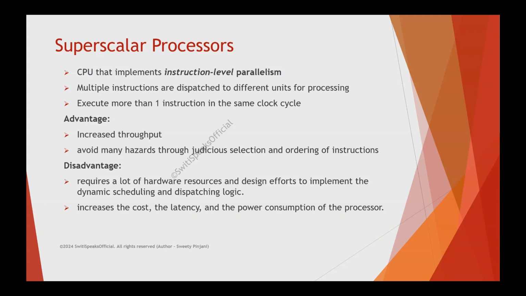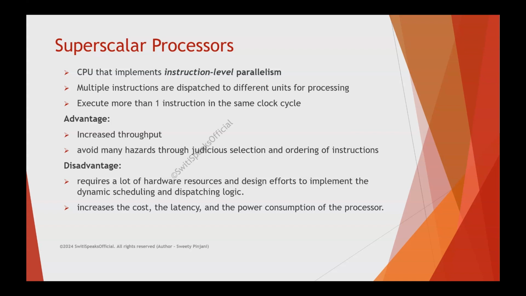So in one clock cycle, one integer and one floating point instruction can complete, so two instructions will complete in one clock cycle. What is the advantage? It will have more throughput. We can avoid hazards because we reorder the instructions properly. What is the disadvantage? It requires a lot of complexity and more hardware resources, due to which the cost, power consumption, and latency also increase.